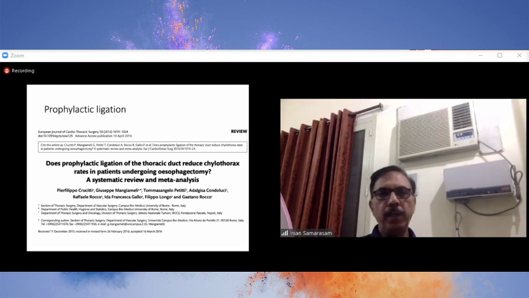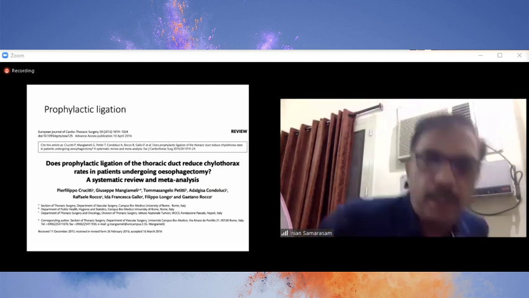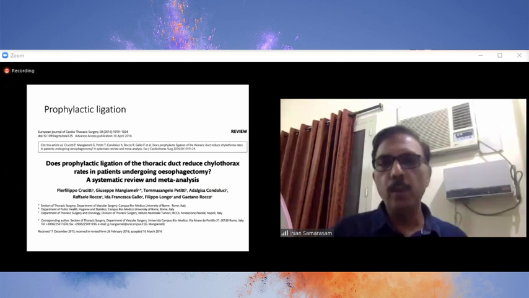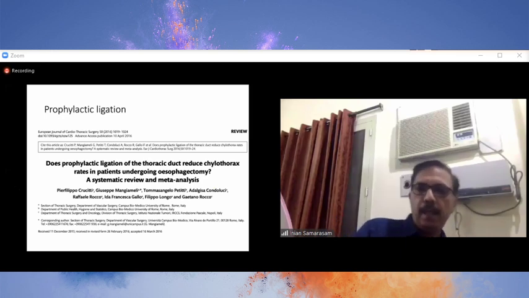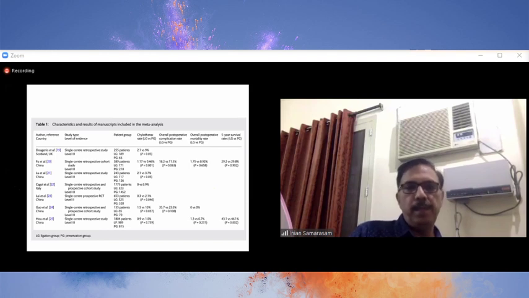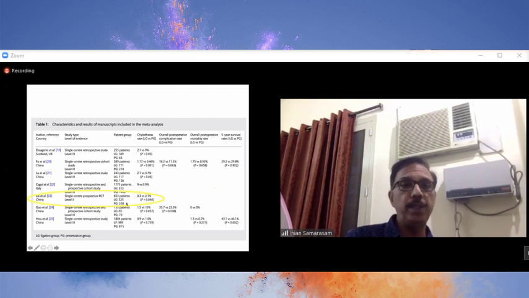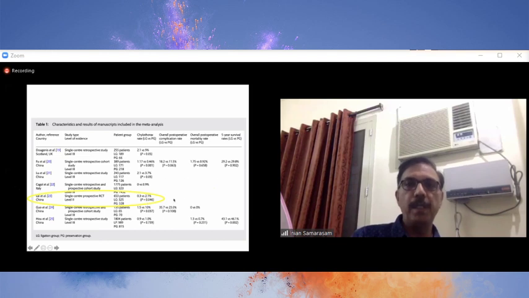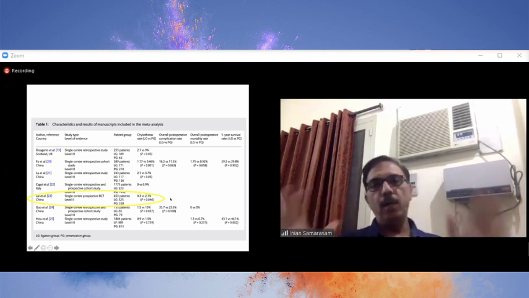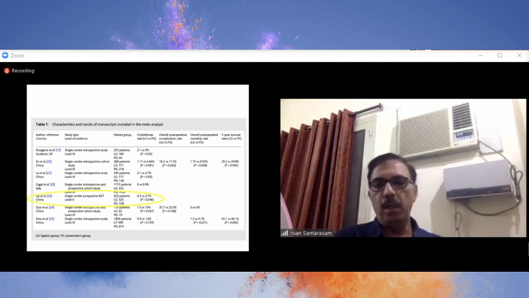Now, question number 1, do you need to prophylactically ligate the thoracic duct when you do an esophagectomy each and every time? There are multiple studies which have been done, but there is actually a randomized control trial which has been reported with a large number of patients, and it showed a significant advantage for post-operative leak.